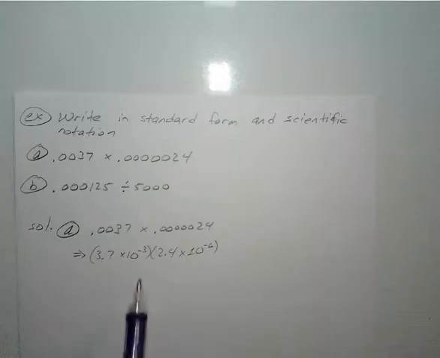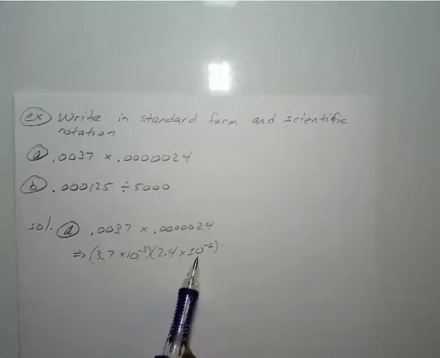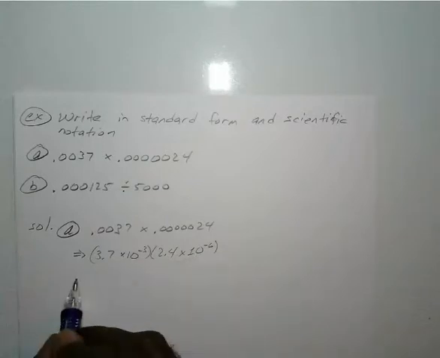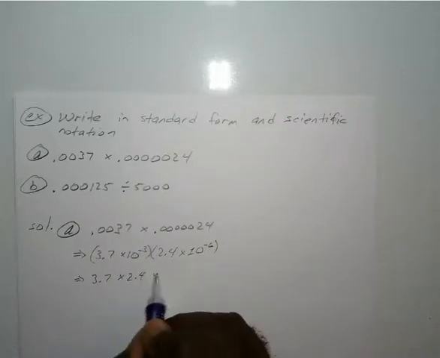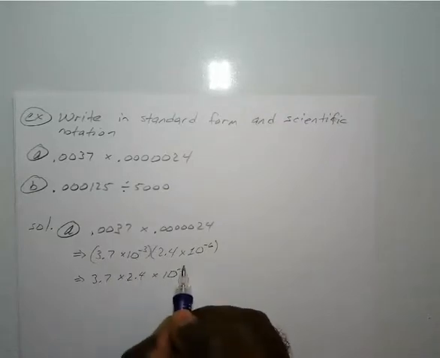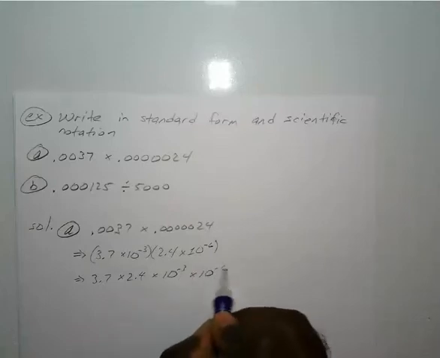Okay, now if you remember on the previous example, this is all just multiplication. This is 3.7 times 10 to the negative third power times 2.4 times 10 to the negative sixth power. So we're just going to go ahead and move them around. That gives us 3.7 times 2.4 times 10 to the negative 3 power times 10 to the negative 6 power.